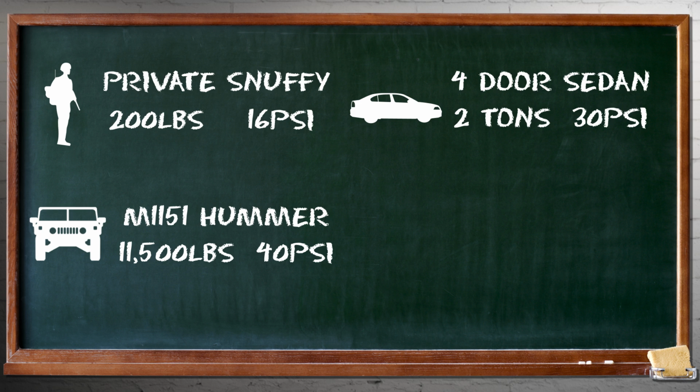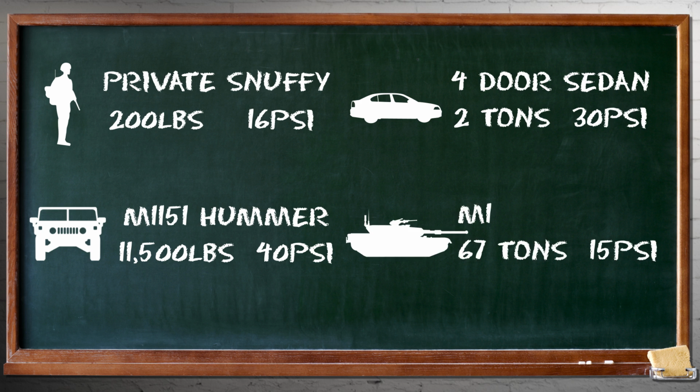So you would now have over 3 times the weight per square inch from the Humvee than you do from a person. But the M1, coming in at, in this case, 67 tons, is 15 psi. It's less ground pressure than Private Snuffy.